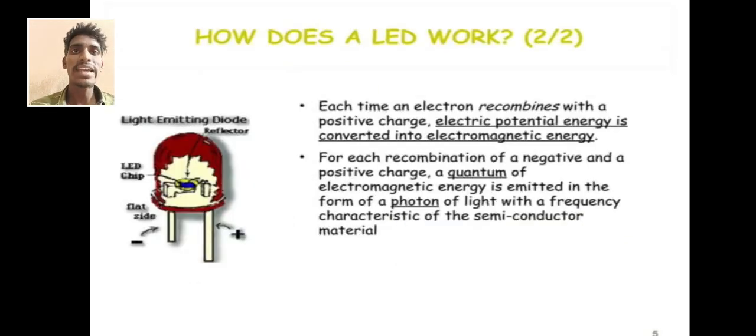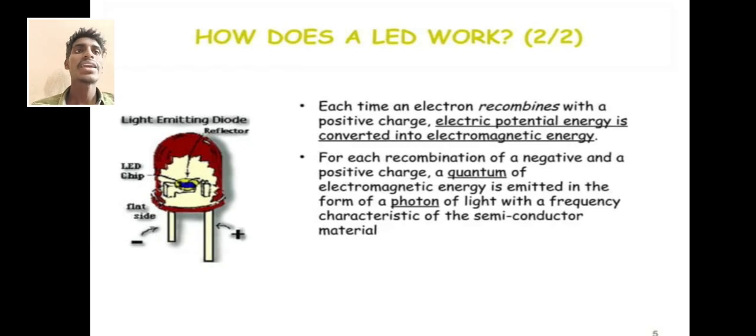And how does an LED work? Each time an electron recombines with a positive charge, electric potential energy is converted into electromagnetic energy. For each recombination of a negative and a positive charge, a quantum of electromagnetic energy is emitted in the form of a photon of light with a frequency characteristic of the semiconductor material.